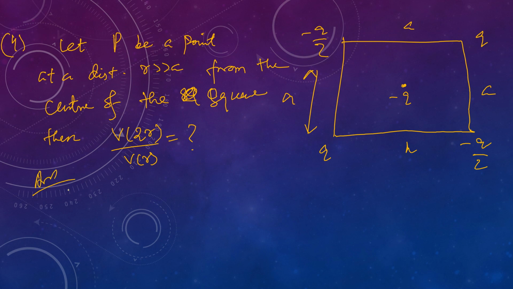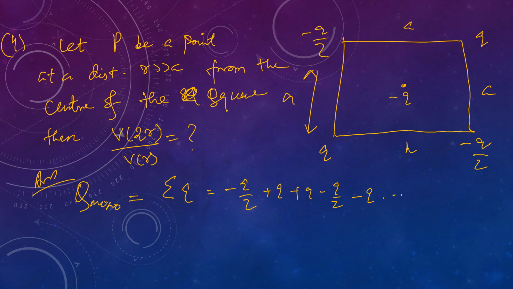First, we have to calculate the monopole charge, simply the summation of charges: minus q by 2 plus q minus q by 2, and there is also minus q at the center. So if you see, this is 0. So the monopole moment is 0.